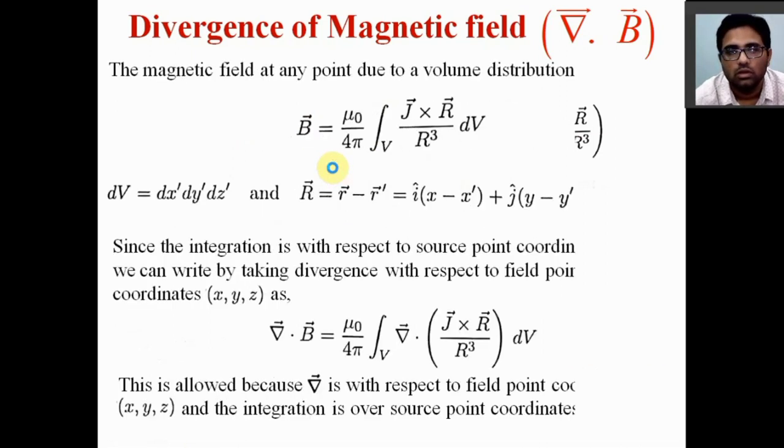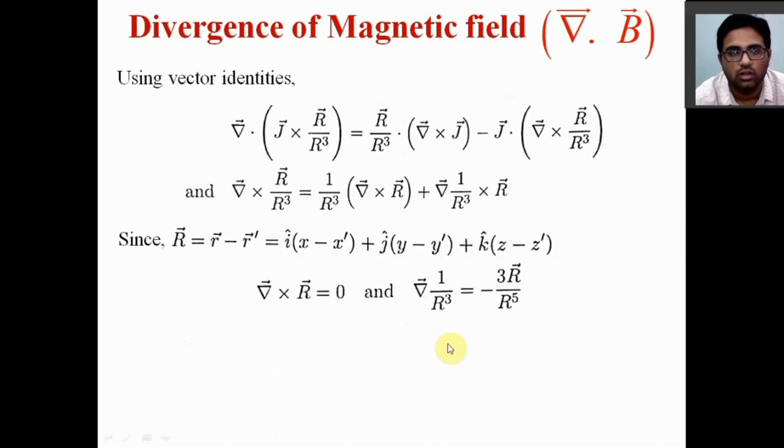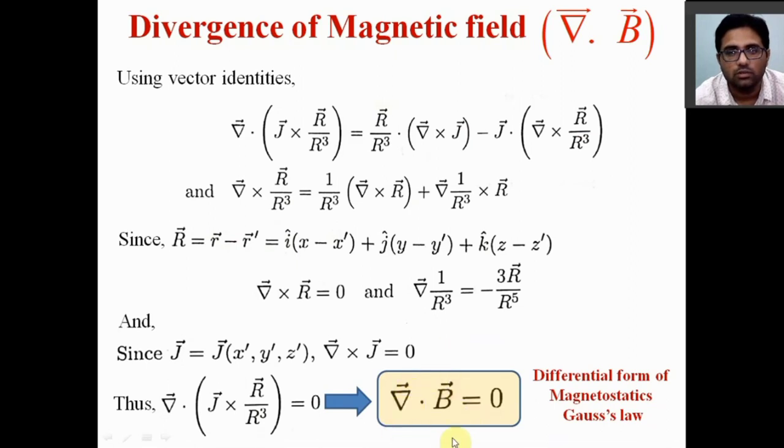So here we have that form: del dot B will be 0. This is the differential form of magnetostatic Gauss's law. We have discussed the differential form of electrostatic Gauss's law. Now this is the differential form of magnetostatic Gauss's law.